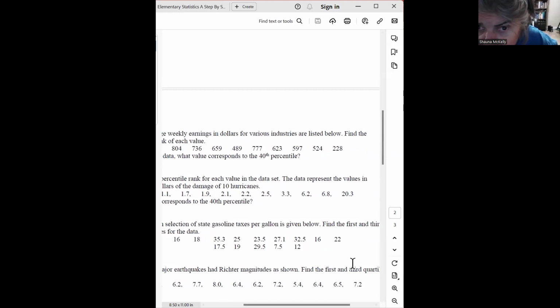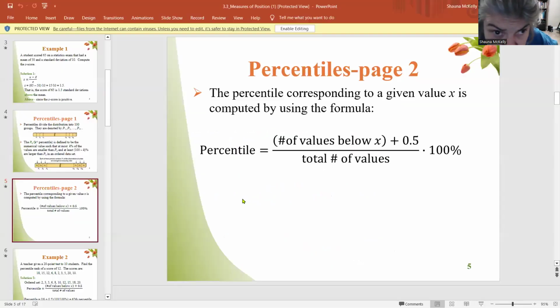So this is what this is going to look like. Here's what this formula turns into. Let me annotate on the screen. This is going to be x equals 228 for the last problem that we started. Okay, we're going to have how many values were below 228?